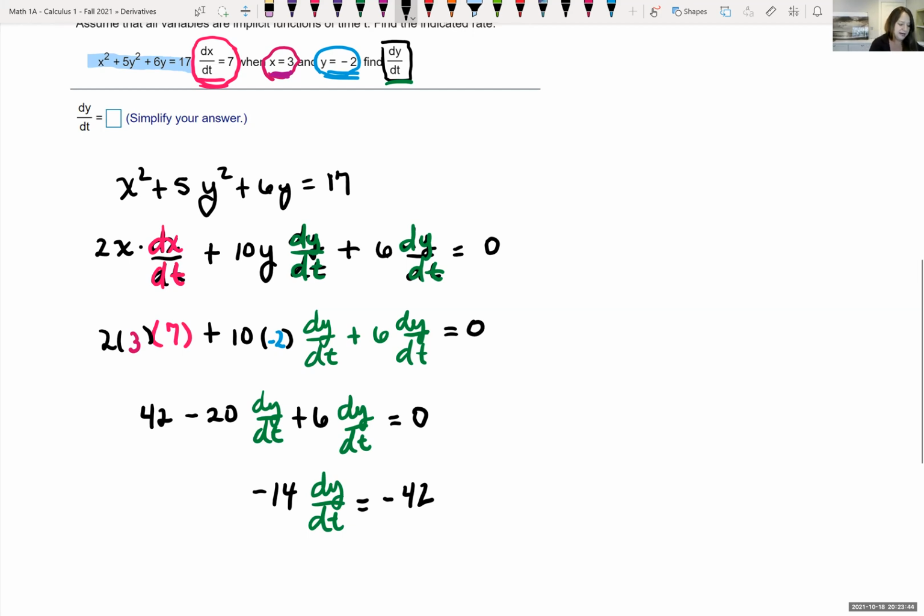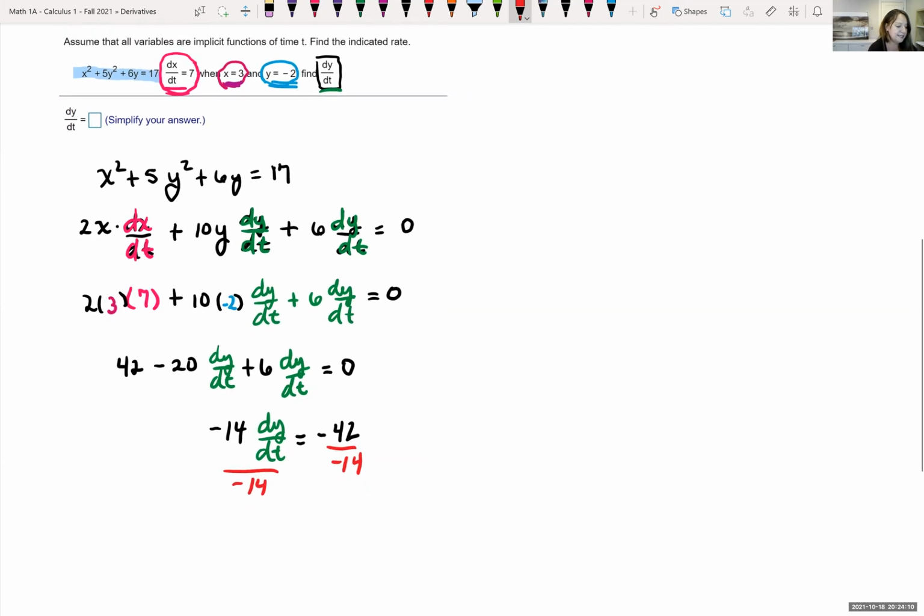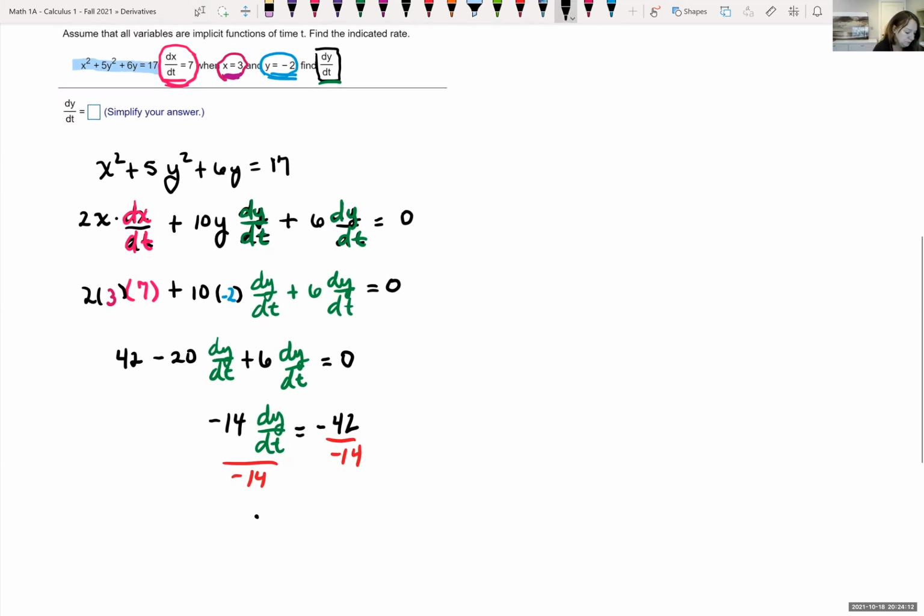Let's divide both sides by negative 14. Those are both divisible by 7, and they're actually divisible by 2 also. So 14 goes into 42 evenly 3 times. And so we get dy/dt is equal to, and 2 negatives make a positive, 3.